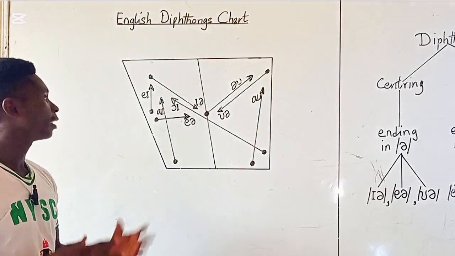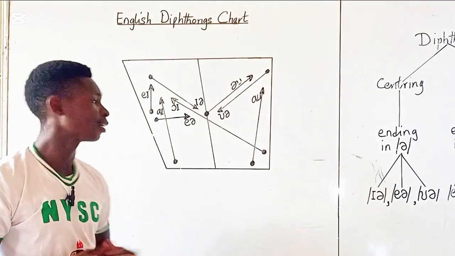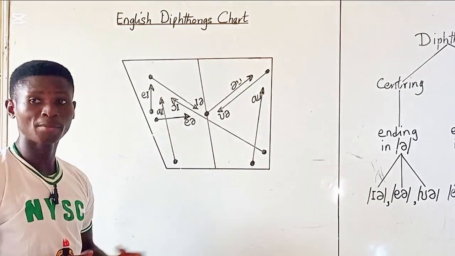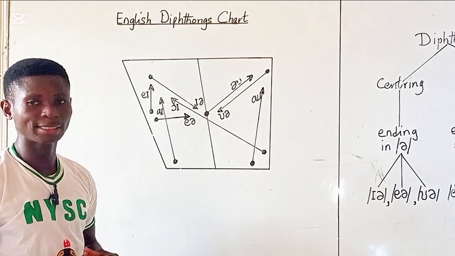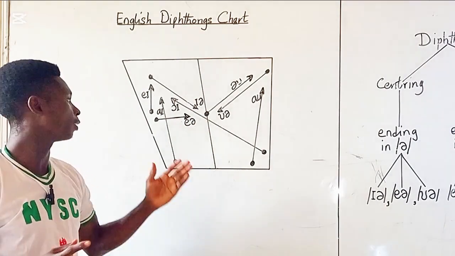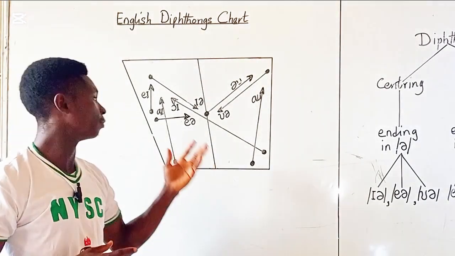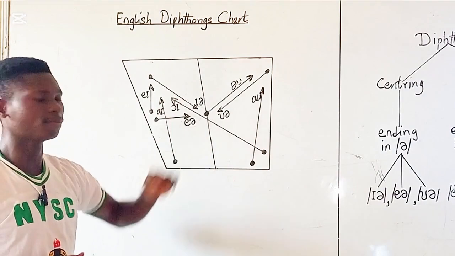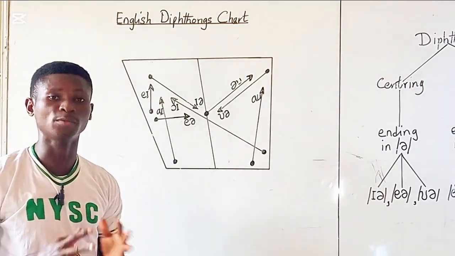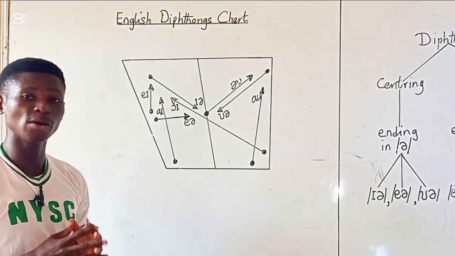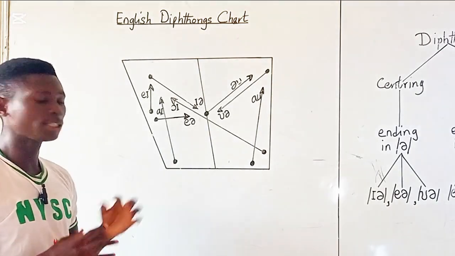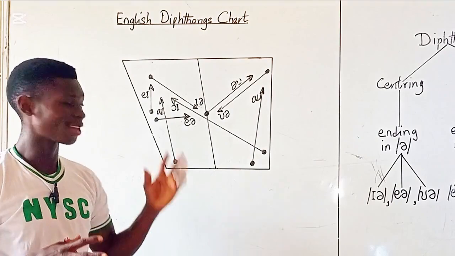So sometimes, especially in higher institution, your lecturer may draw these charts and not label anything. There will be no labeling. Then you, as a student, will be demanded to fill in the different diphthongs at their different positions. So all you need to know is the position of different sounds here.